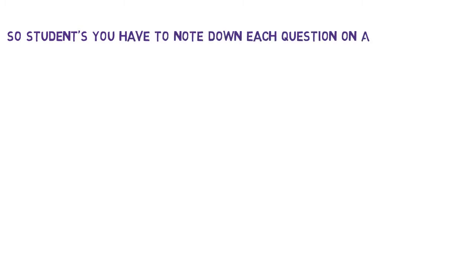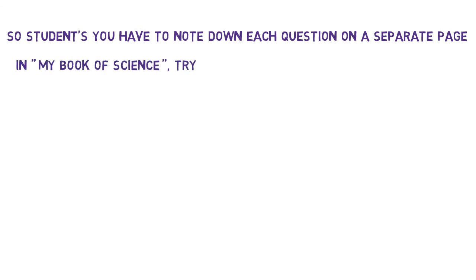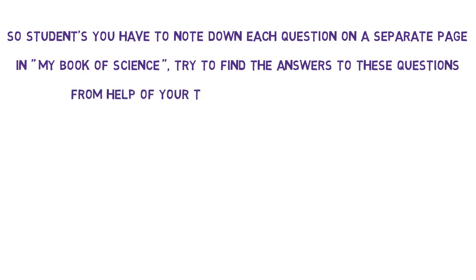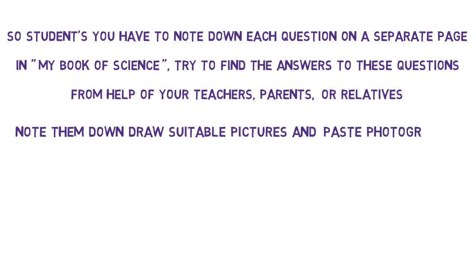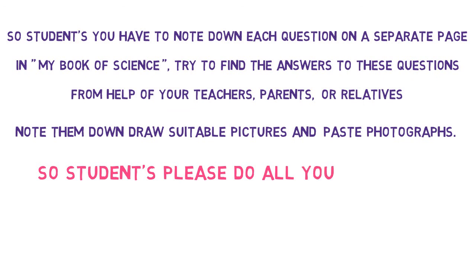So students, you have to note down each question on a separate page in your book of science. Try to find the answers to these questions with the help of your teachers, parents or relatives. Note them down. Draw suitable pictures and paste photographs. So students, please do all your homework.